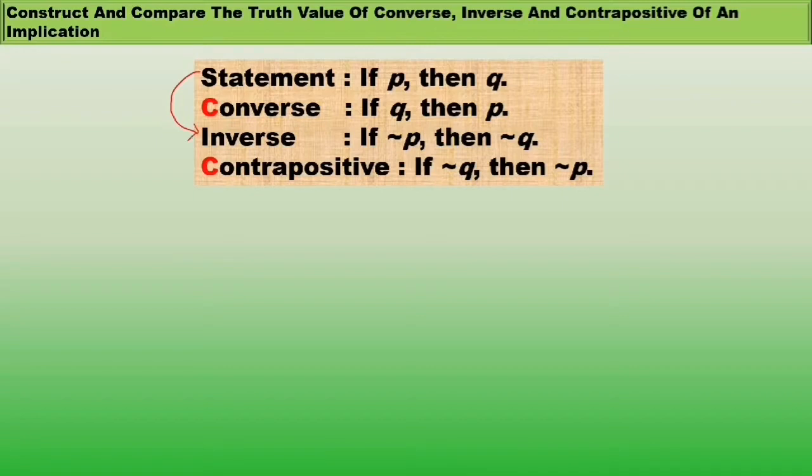So if P, then Q. So the inverse is if not P, then not Q. And to form contrapositive, you see converse C, contrapositive also C. So from converse, I just write if not Q, then not P. That is contrapositive.